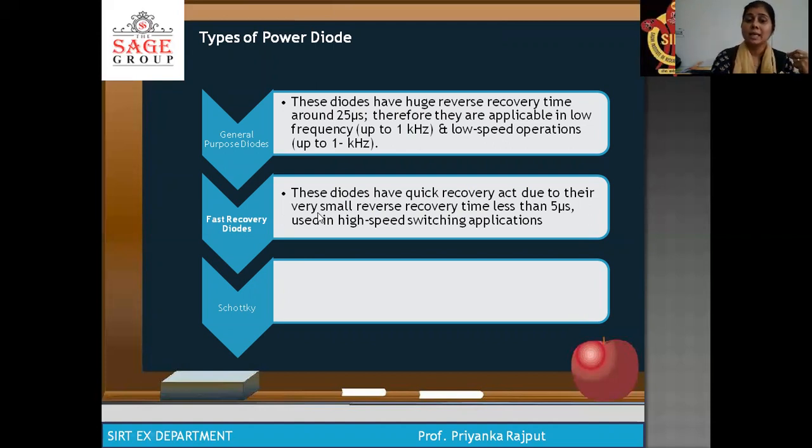As the name suggests, fast recovery diode means quick response. This diode recovers quickly due to its very small reverse recovery time, less than 5 microseconds. But general purpose diodes have a recovery time of around 25 microseconds. So this is the difference between the general purpose diode and the fast recovery diode, and then there is the Schottky diode.